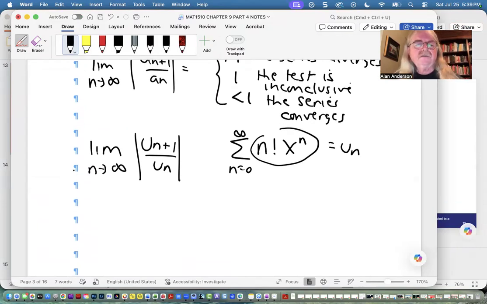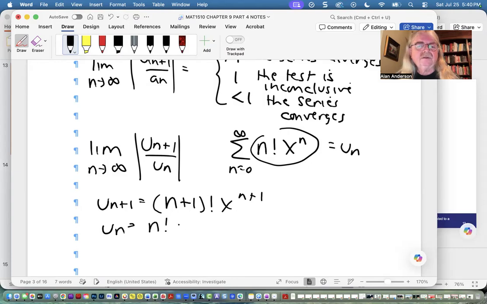So therefore, u to the n plus 1 would be n plus 1 factorial x to the n plus 1. u to the n, of course, is just n factorial x to the n.